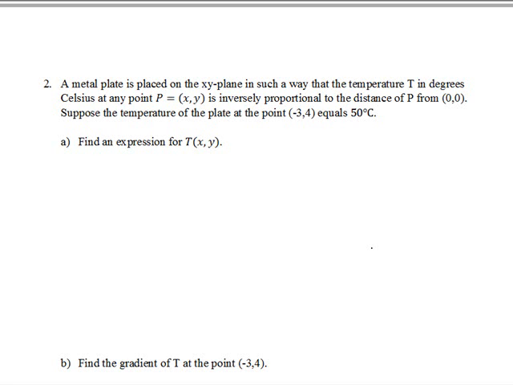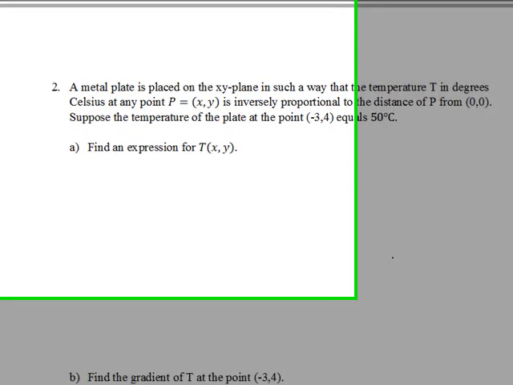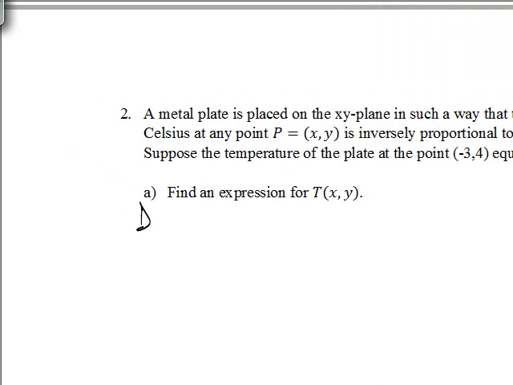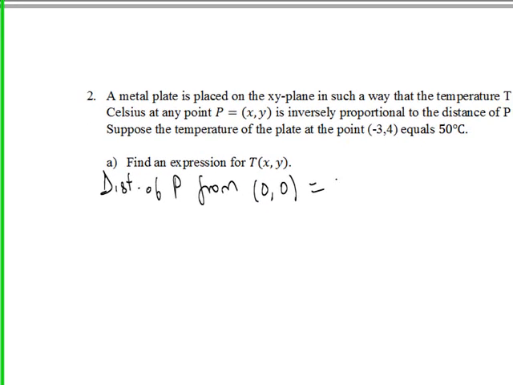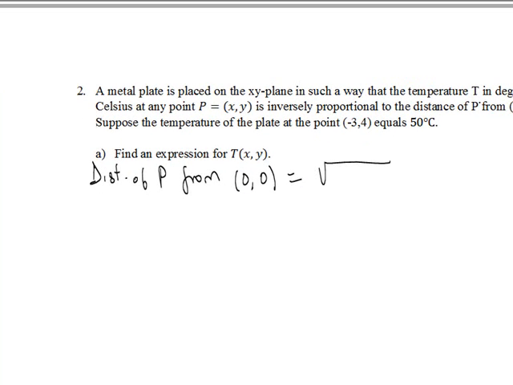P is the point (x, y). So the distance of P from the origin equals, remember how to find the distance between 2 points? The square root of (x minus 0) squared, which is x squared, plus y squared. So that's the distance.